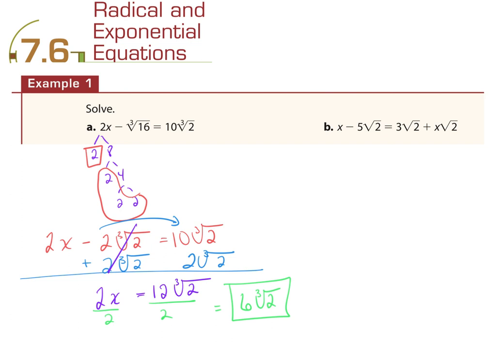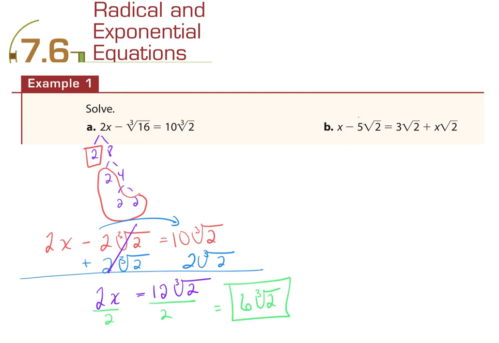This next one's a little bit different because I have x's and then I have these radicals, right? And so with something like this, I want to move just the radicals. So if it's just a radical with no variable, I'm going to move that to one side. And anything that has a variable, even this radical, I'm going to move to the other side, okay? And so that's my first step here.